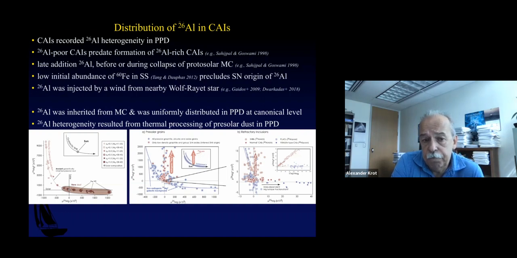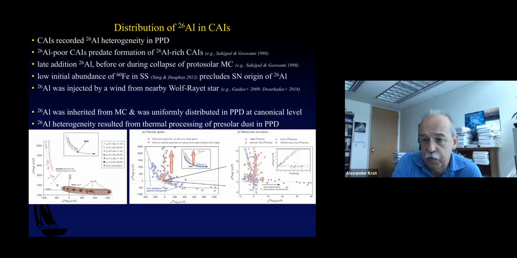But there are several carriers of aluminum-26 and magnesium isotope anomalies. So these are the graphs from the Larson paper that I showed before. And according to this paper, there are three different types of dust that contributed to the solar system, like old dust, new dust.